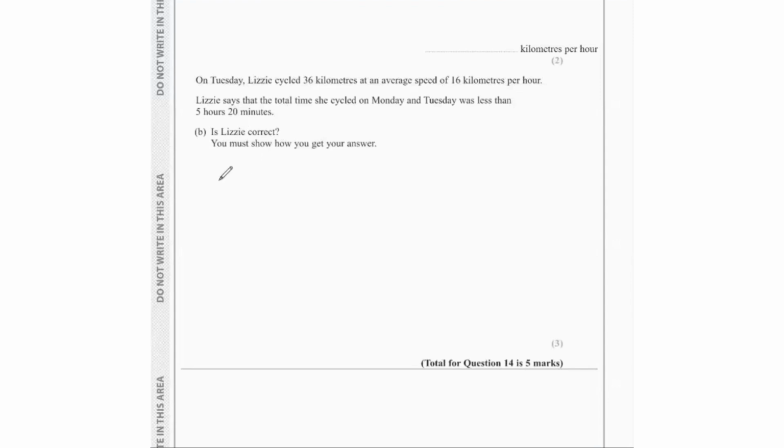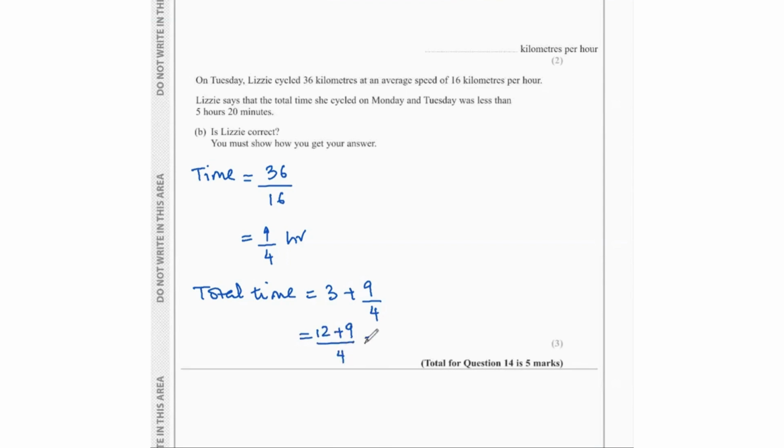So let's first find the time for Tuesday. So time is going to be distance divided by speed. So 36 over 16. And that is going to give us 9/4 hours. So previously she cycled for 3 hours. So total time is going to be 3 plus 9/4, which is 12 over 4 plus 9/4, and that is 21/4.